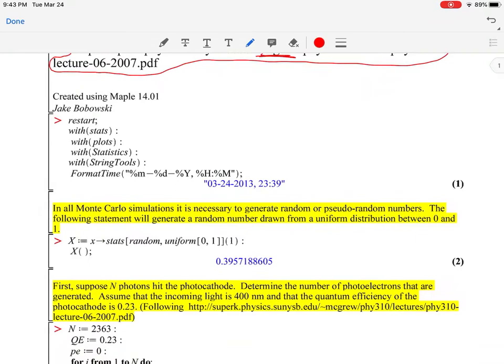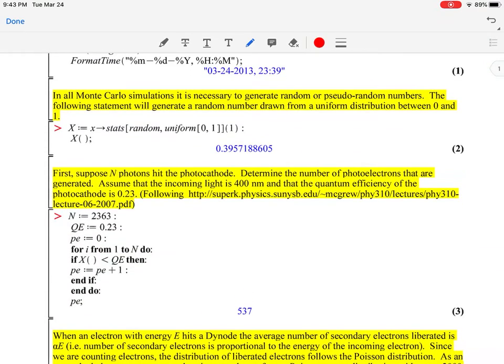Okay, so in the simulation, the first thing that we try to do is to generate a random number between 0 and 1 drawn from a uniform distribution.